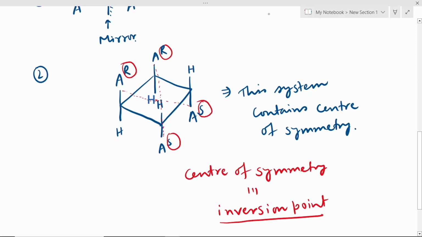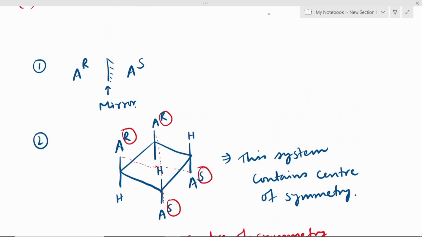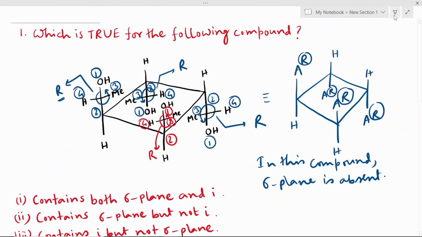Now if we see the second criterion, if i is present in the molecule, then this ligand should be R and that ligand should be S. But here, if we assume a center within the molecule and move equal and opposite direction, we get the same ligand with the same absolute configuration, that is R. Here is R and here also is R. So here the inversion point is absent.